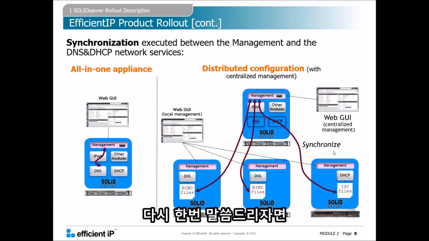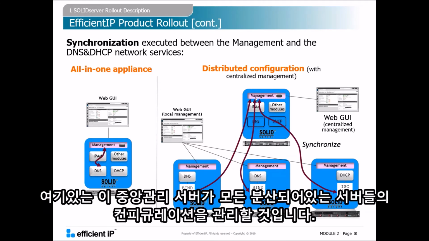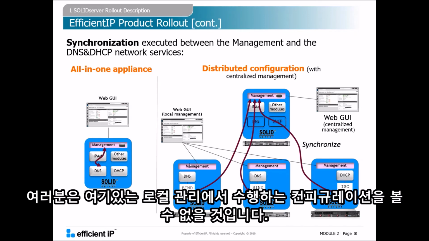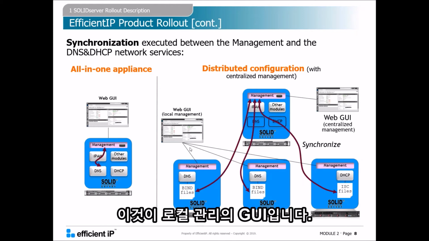Right. So just as a reminder, when you deploy a central management over here, this means it will manage all the configuration of these distributed servers. You will not be able to see the configuration when you log into the local management over here. This is the web GUI for the centralized management, and this is the GUI for the local management.